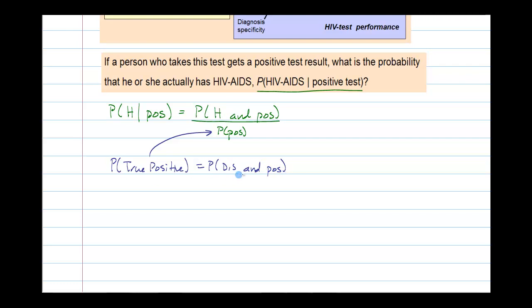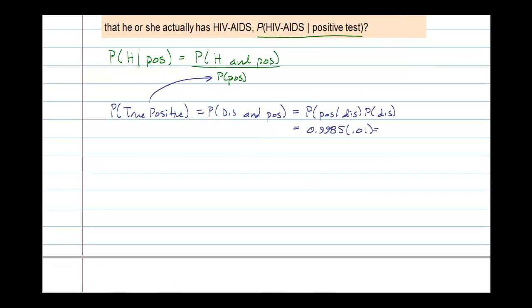So this is basically taking this joint probability and rewriting it as a conditional: the probability of positive given disease times the probability that they have the disease. From this table we can see that the probability of positive given disease was 0.9985. The disease incidence was 0.01. So the probability here should be 0.009985.